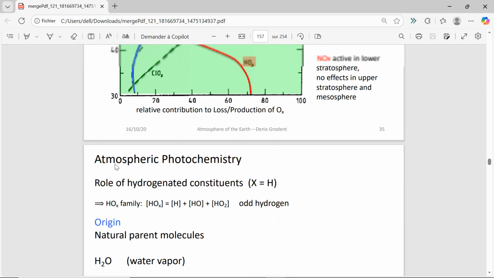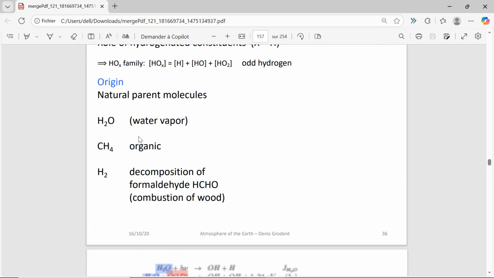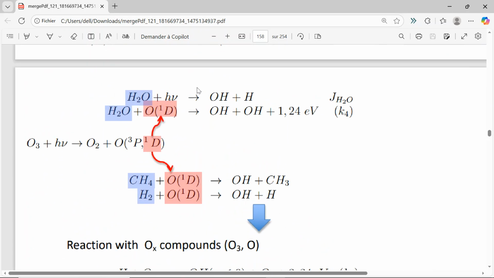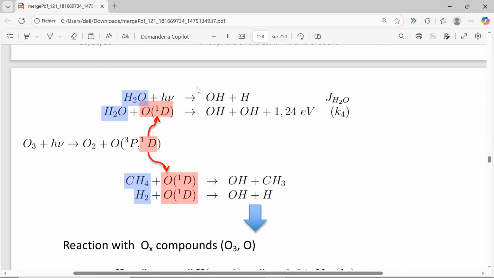So it is a very natural process. You have water that is abundant in the atmosphere that will be photodissociated, leading to OH plus H. You have this water that will react with atomic oxygen, giving 2 OH. So this is the process of production of OH.